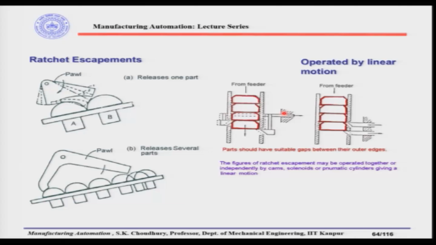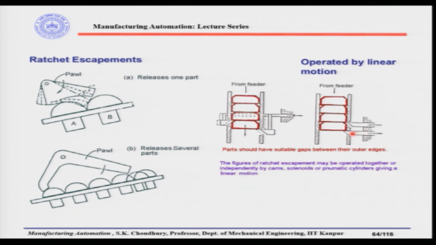Now, this is one handle; the same principle can also be used like this, where two jaws move to and fro. When one jaw moves in, the parts in the feeder are held and one part is released.